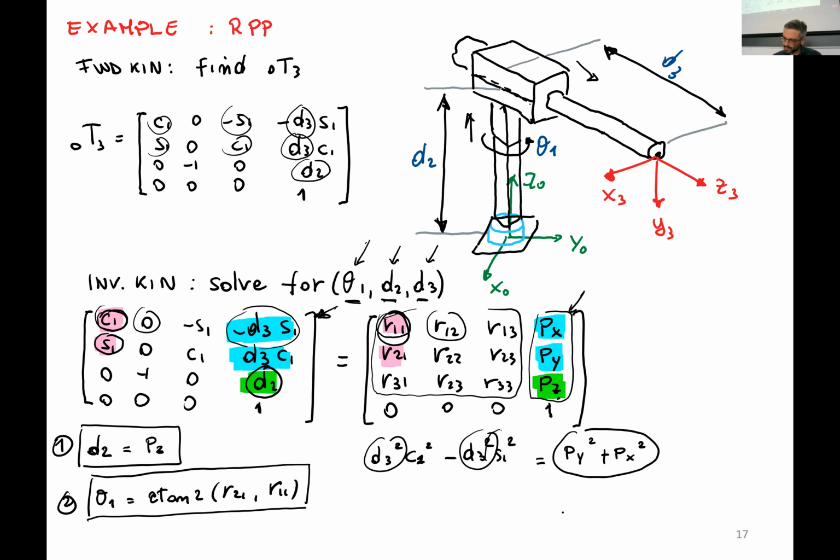Then we can do that. But yeah, we get two solutions because we have a square root.